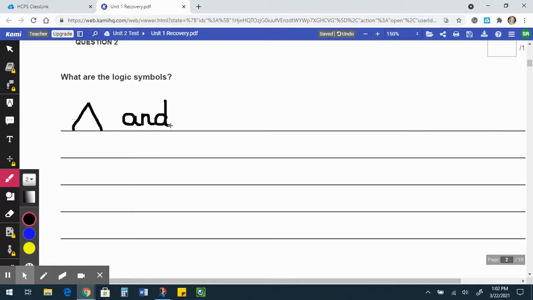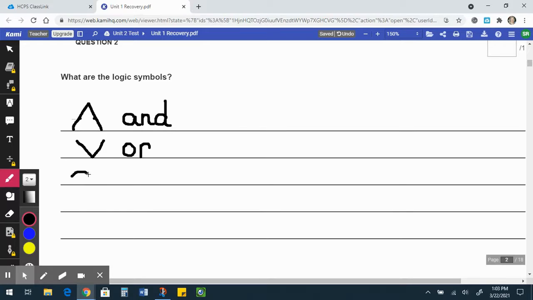The way I remember that stands for and is if I were to put that extra little line in there, that would look like the capital letter A. And and just happens to start with the letter A. So just remember, it kind of looks like a capital A for and. The second symbol we learned was the V, and the V stands for or.